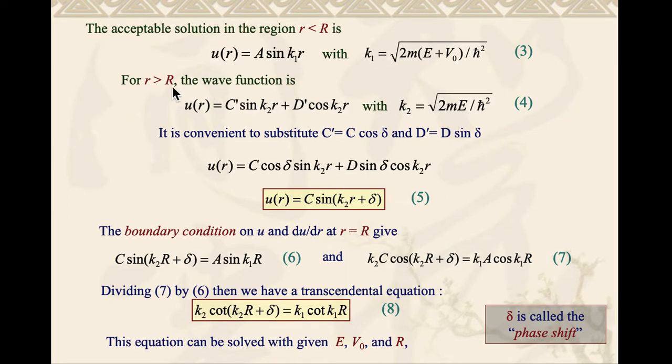So that is why for r greater than capital R, the wave function is C prime sin k2r plus D prime cos k2r, with k2 equal to root of 2mE by h cross square. So we have introduced two constants, and for our sake we take them as C prime and D prime. It is convenient to write C prime as C cos delta and D prime as C sin delta. So equation number 4 is now C cos delta sin k2r plus C sin delta cos k2r. This is of the form.